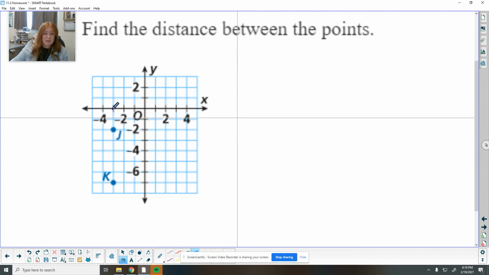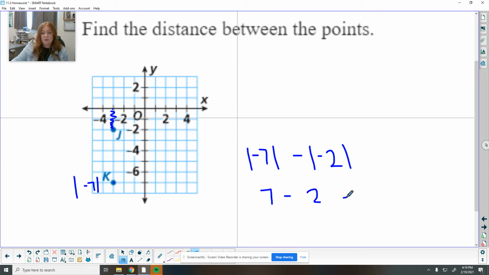To get from the x-axis to K was the absolute value of negative 7. Then we subtract this leftover part, from here to here, which is negative 2. So the absolute value of negative 2. So 7 minus 2 will tell us our answer.